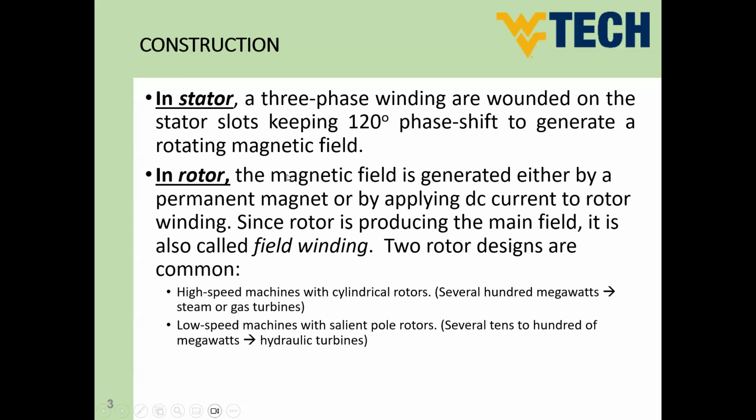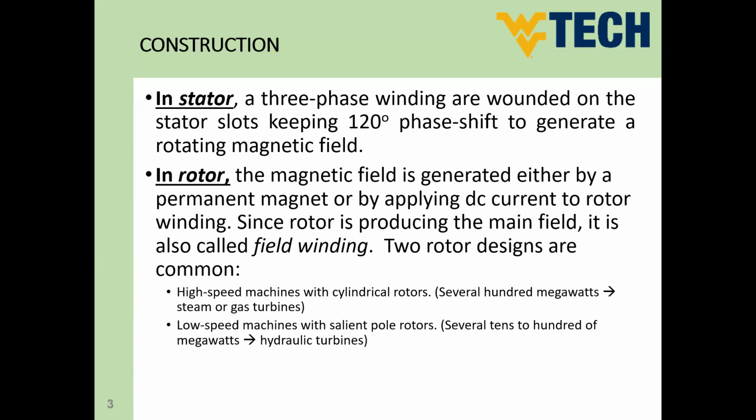Then the other mechanical part is the rotor. On the rotor, the magnetic field is generated either by permanent magnets or by applying DC current to rotor windings. So we have two types of rotor circuit.